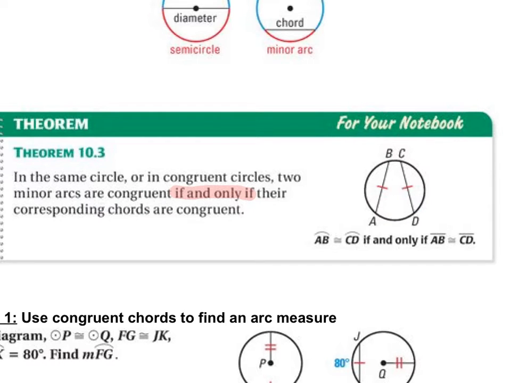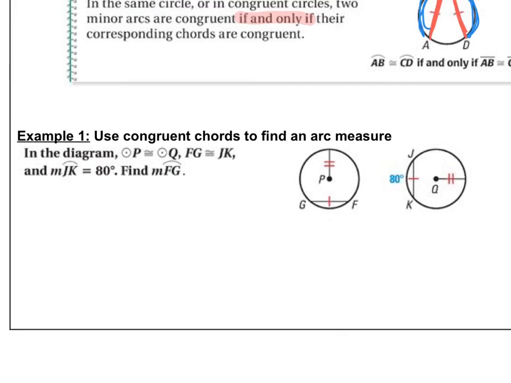So the minor arcs, this part and this part, are congruent if and only if this chord is congruent with this chord, which, as we can see, they have the lines marked. So that means these two chords are congruent, which then means the arcs are congruent. Okay? So we're going to put that into practice here.